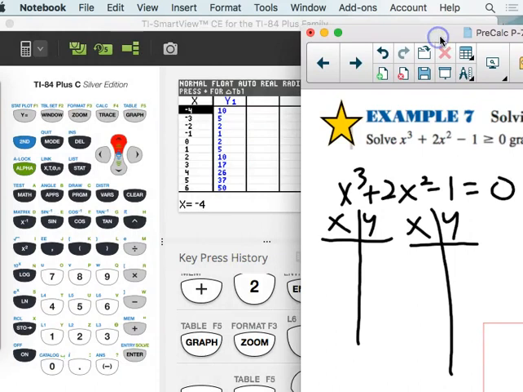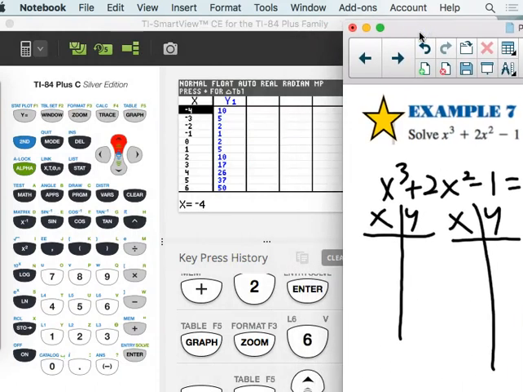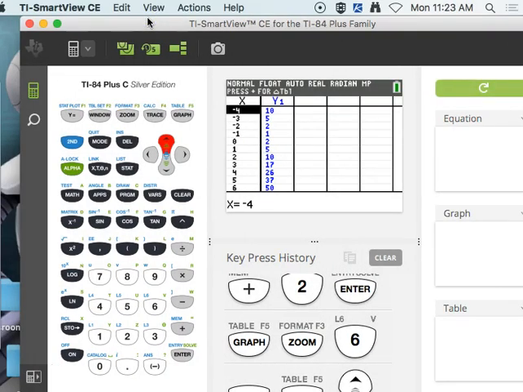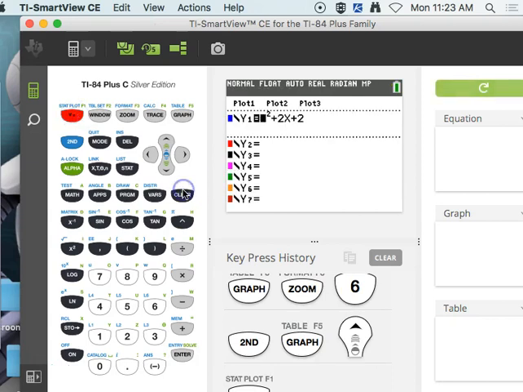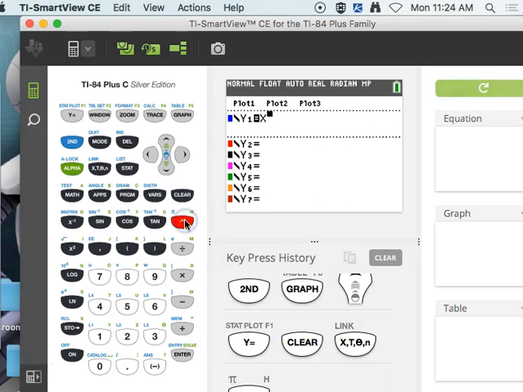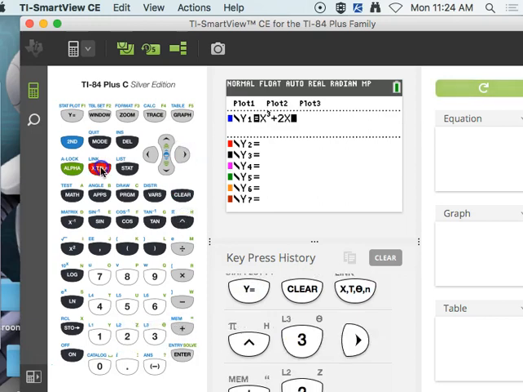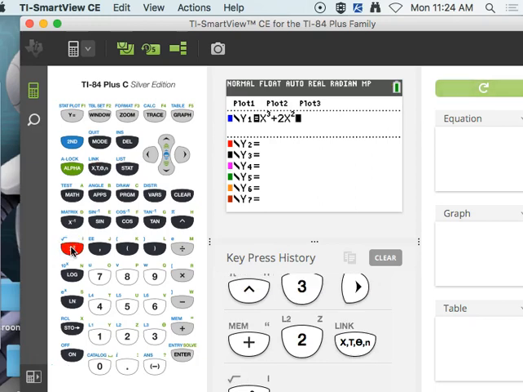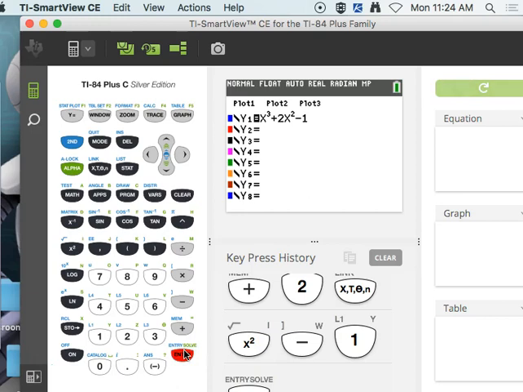X cubed plus 2x squared minus 1. Now we know what it should look like. It's x cubed, and as a positive leading coefficient, it should be a nice S curve for us.